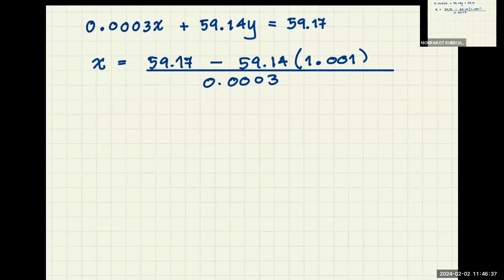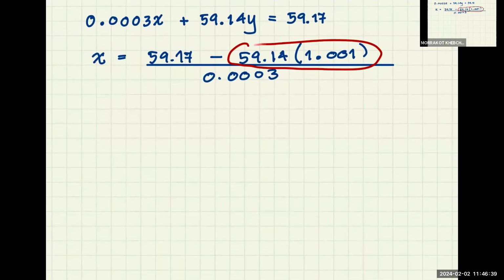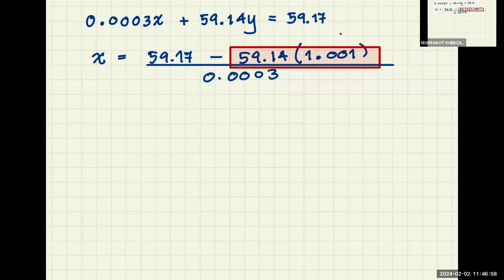And now this multiply this is 59.1914. So I will use only 59.20.